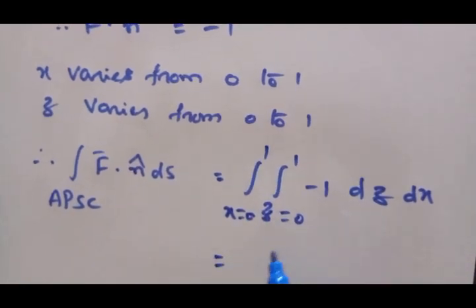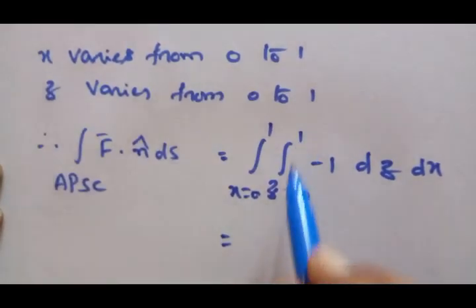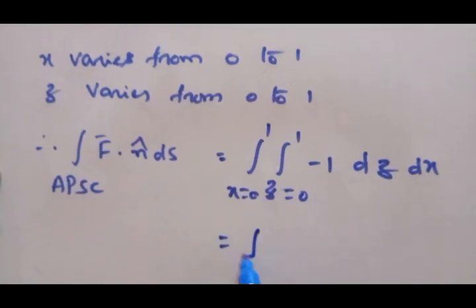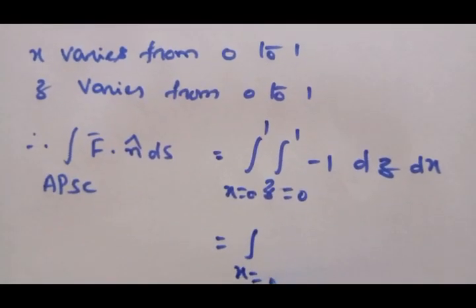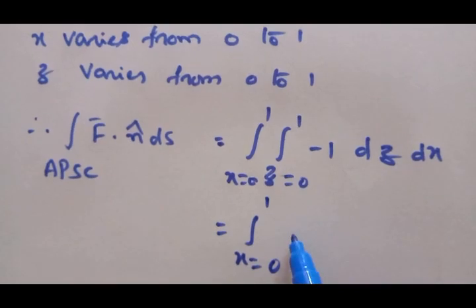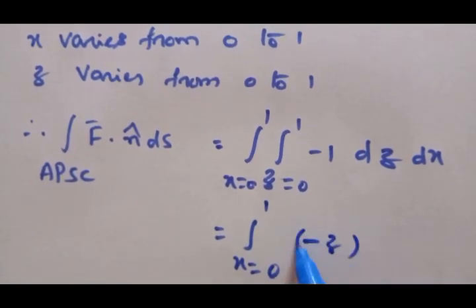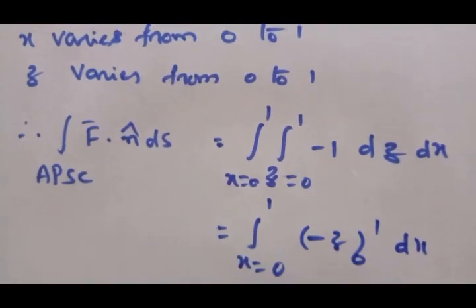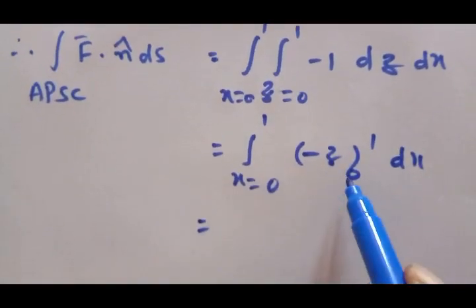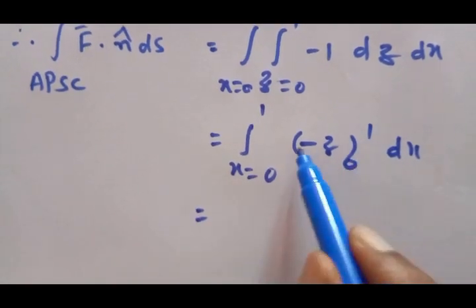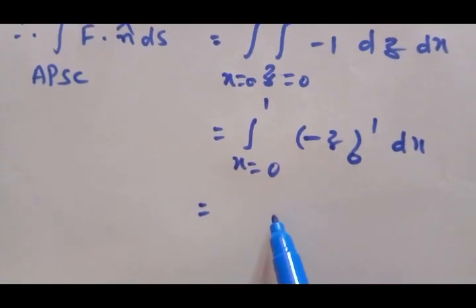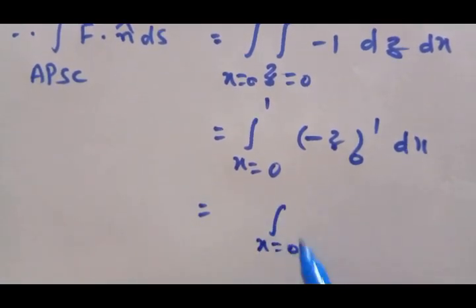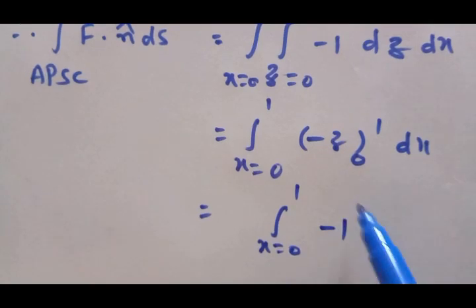Integrate with respect to any variable as the limits are constants. First integrating with respect to z, minus z, limits 0 to 1. Therefore this is equal to, now upper limit minus 1, lower limit is 0.